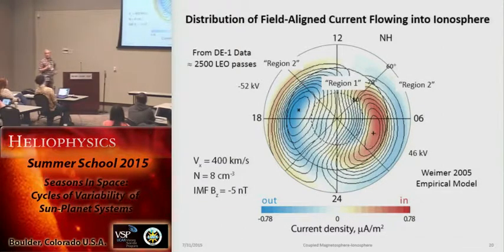Okay, so now we got the electric field here, and so where would you expect? So remind you, there's a conductance here, and I'll just tell you the Joule dissipation in the ionosphere. Basically, you can say it's I squared R, or voltage over R squared.